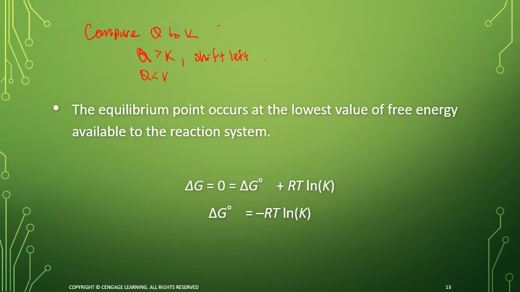If my Q was less than K, then I had too much of the reactants compared to products, and the reaction would shift to the right. And if Q was equal to K, then we knew that it was at equilibrium.